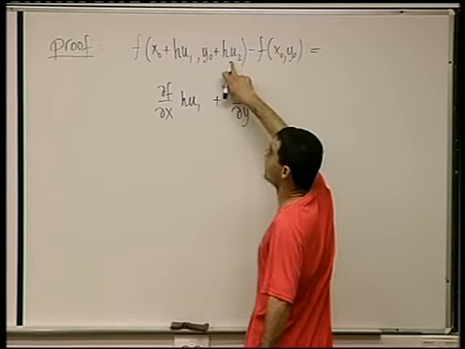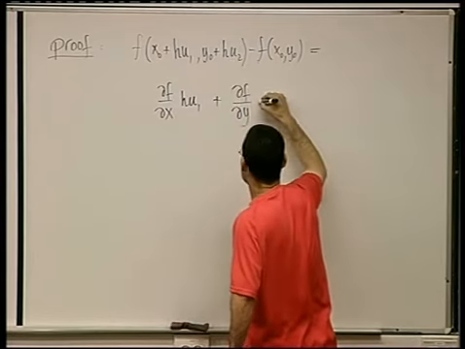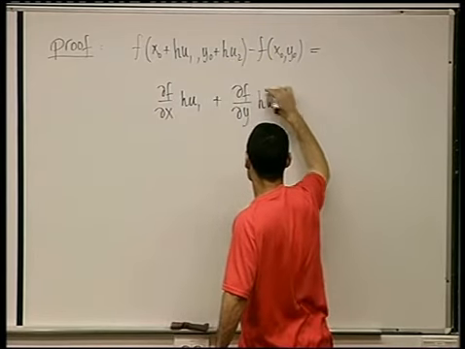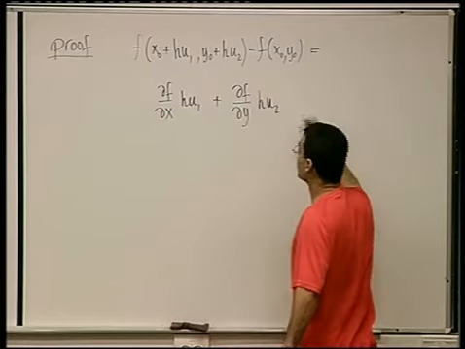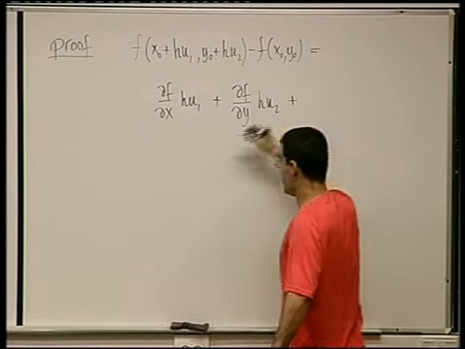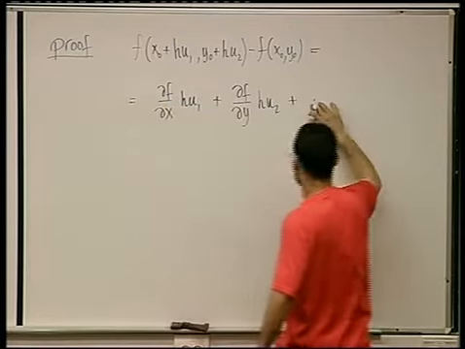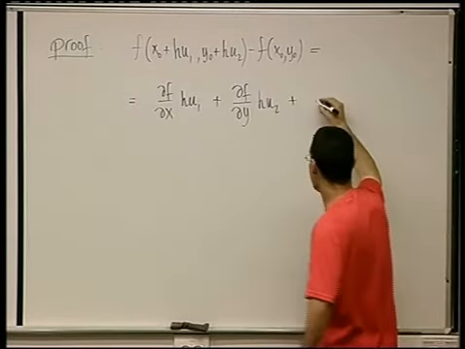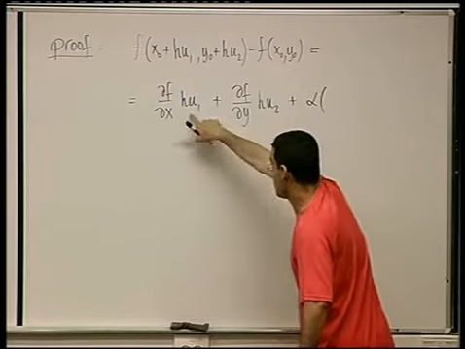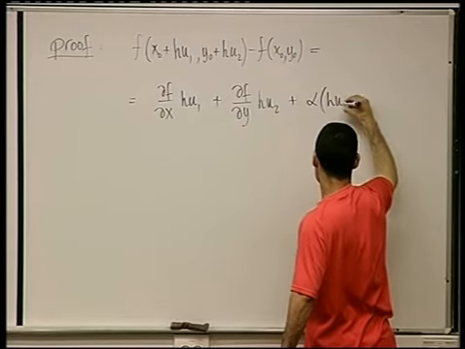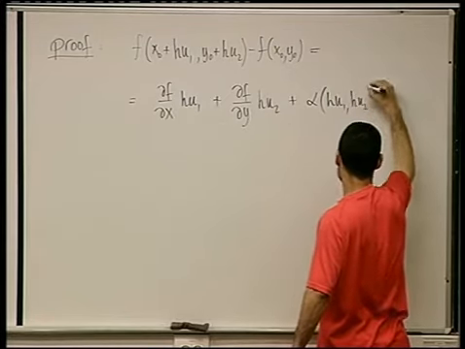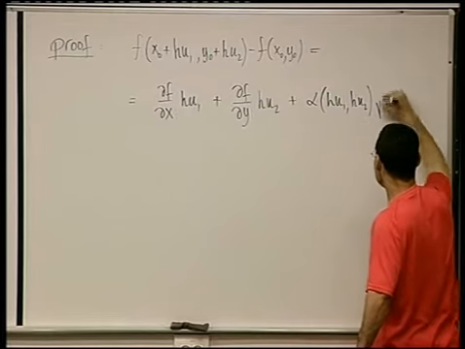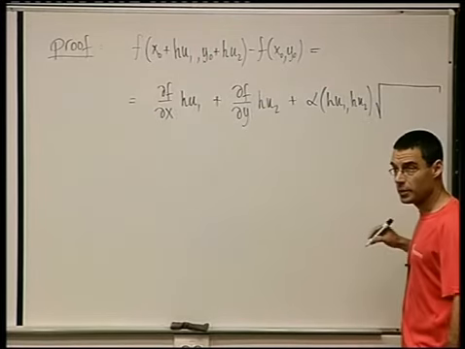K was the increment in the y direction, which is now hu2. Plus, there was this function, alpha of h and k, alpha of hu1, hu2, times the root of h squared plus k squared.